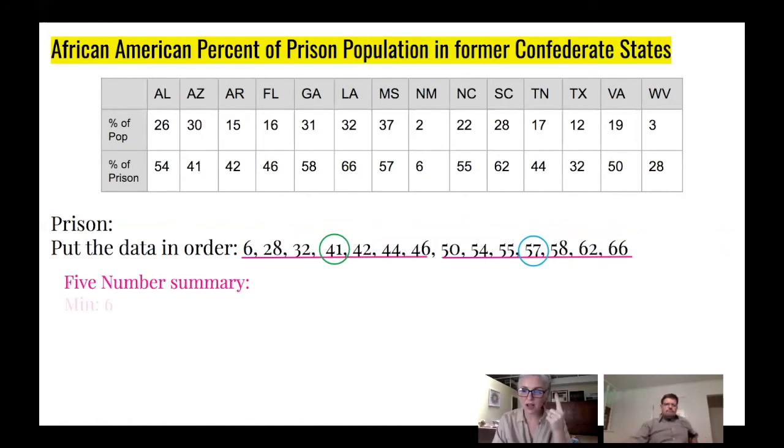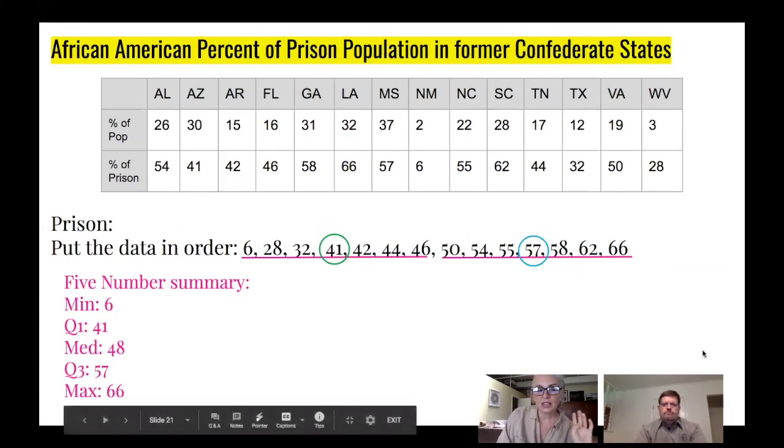So the first number I will put is the minimum. The next number I put is Q1. Then I'll put the median, which is the average of 46 and 50, or halfway between 46 and 50, which is 48. Then I will give Q3, which is the middle of that second half of the data, and then finally the maximum. That's called the 5-number summary for your medians, okay?